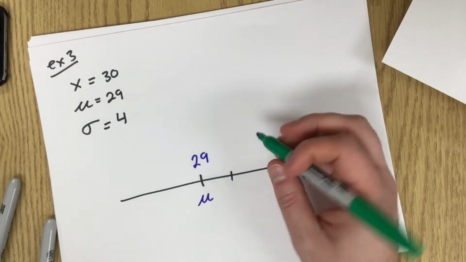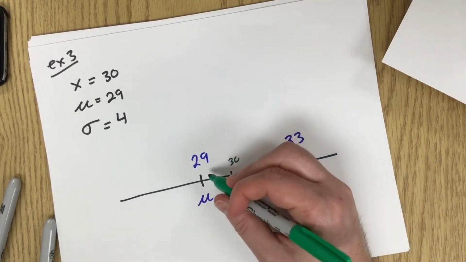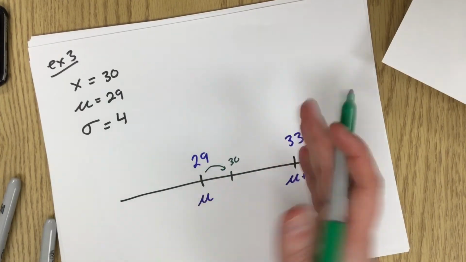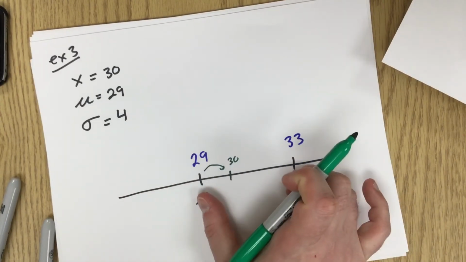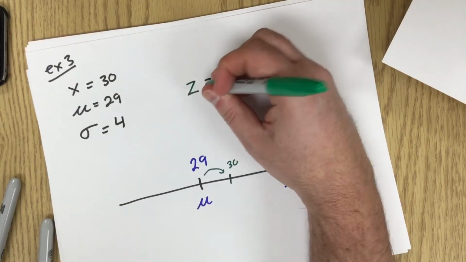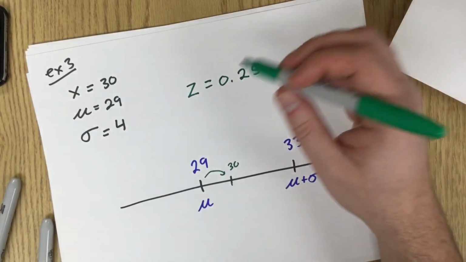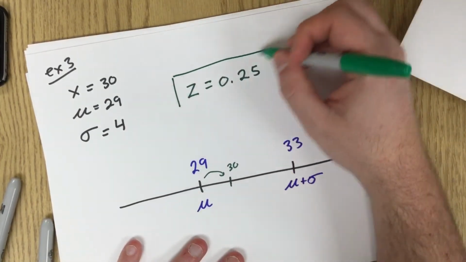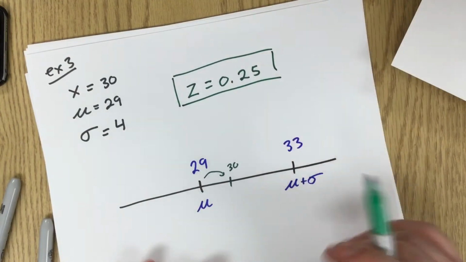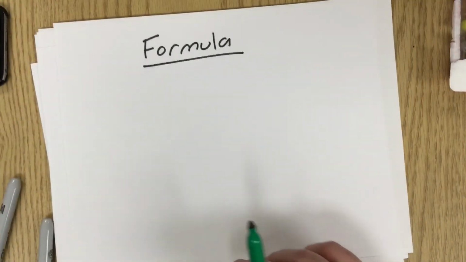So we're over here. This is our x. And we can see that we are actually about a quarter of a standard deviation away from the mean. And so the way we say that is that z is 0.25. So 30 is 0.25 standard deviations above the mean.